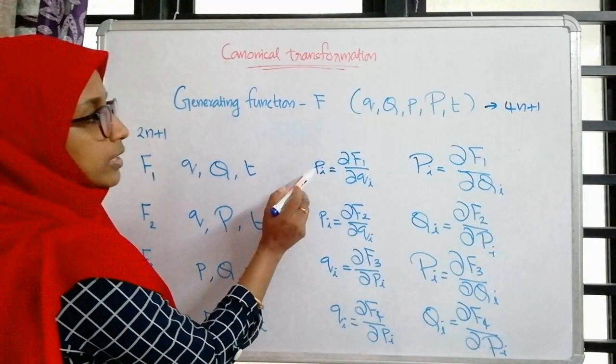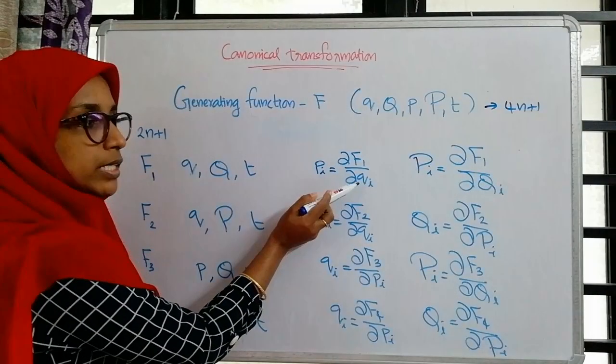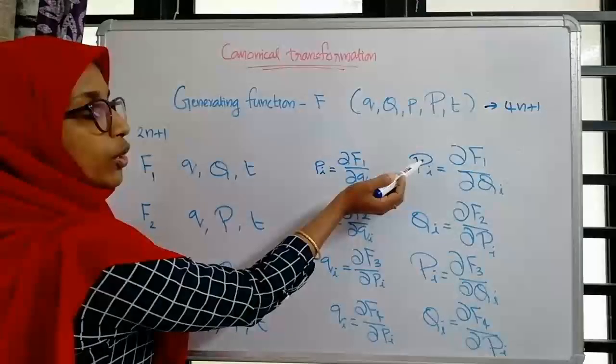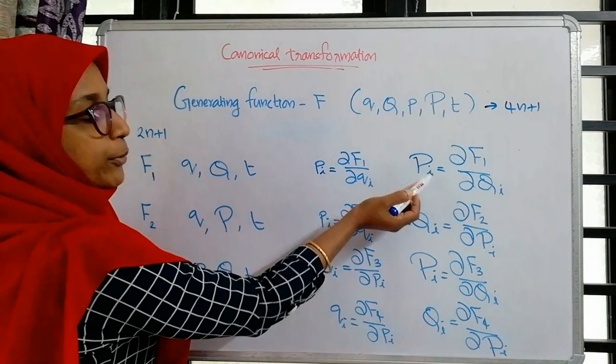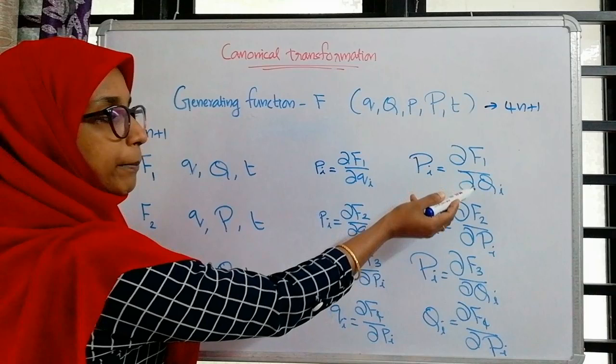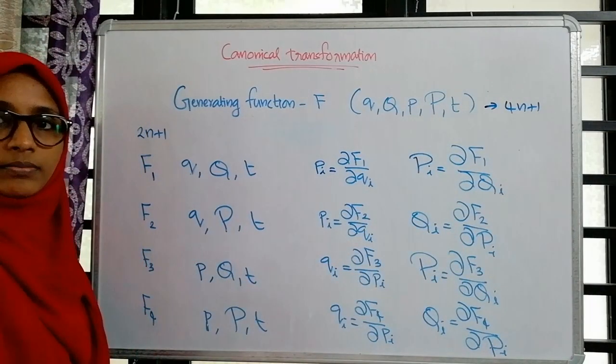Remember one thing: the small coordinates will be derived from the small coordinates only, and the new coordinates, capital P_i and Q_i, will be derived from the capital or new coordinates only.